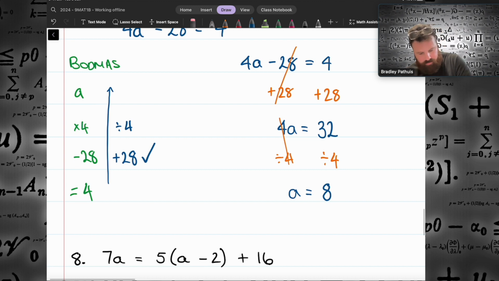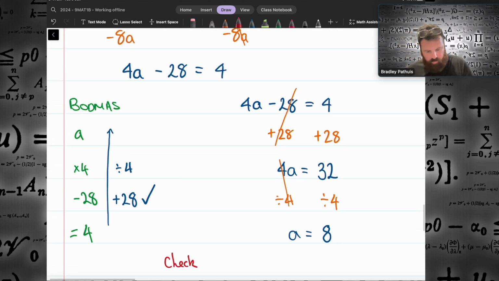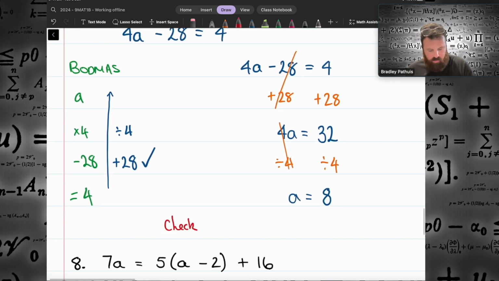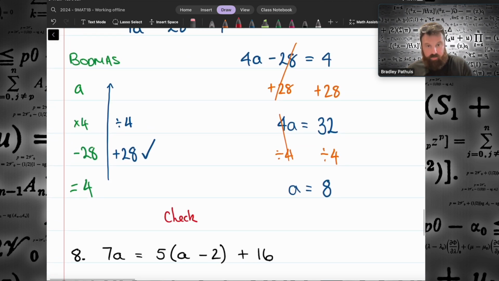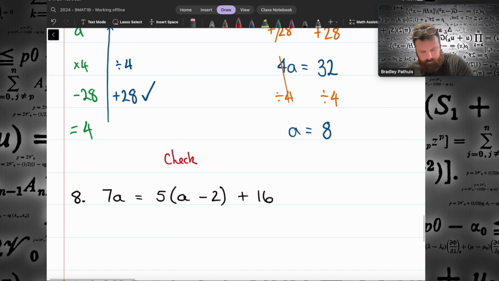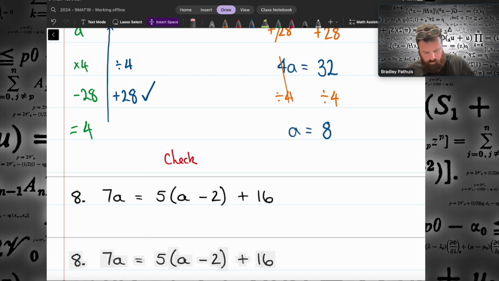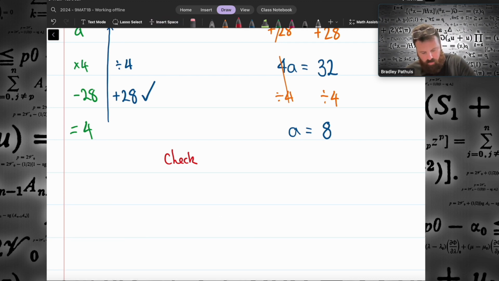And what I'm going to do now is check that. I'm going to check it slightly differently on this one. Give myself a bit more room here. I'm going to check both sides separately.